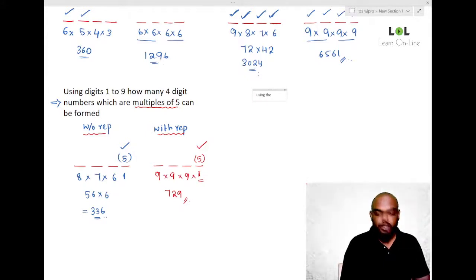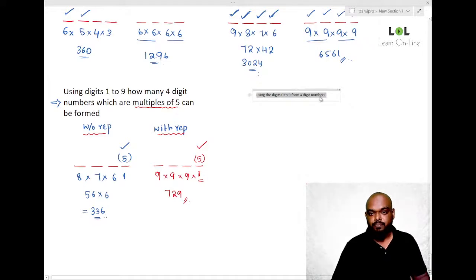Using the digits 0 to 9, form 4-digit numbers. This is the question, that's all, nothing else. This is my next question.